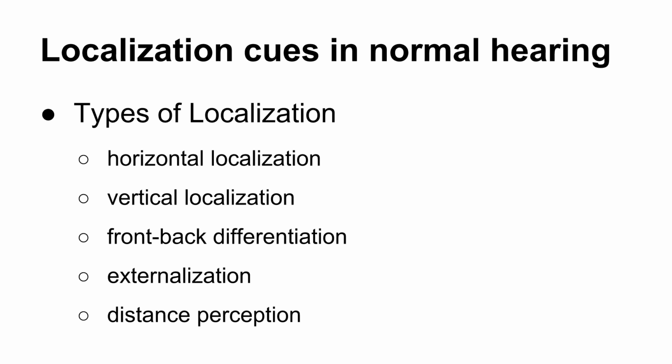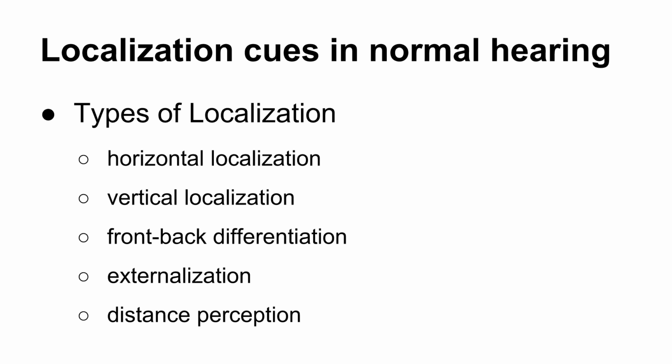We've got horizontal localization, so being able to figure out where things are coming from in the horizontal plane: right, left, front, back. We've got vertical localization, so figuring out where things are coming from, say, above you. We've got front-to-back differentiation, just like it sounds, telling the difference between a sound coming from in front versus behind you.